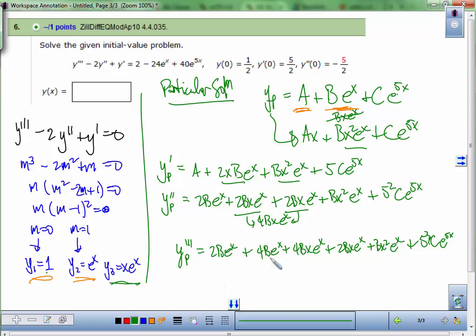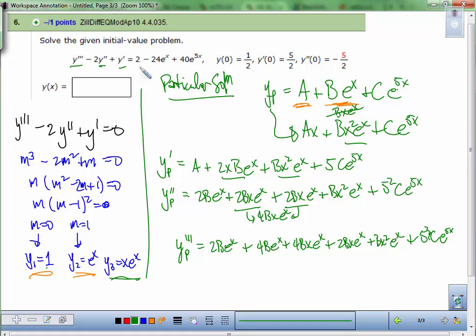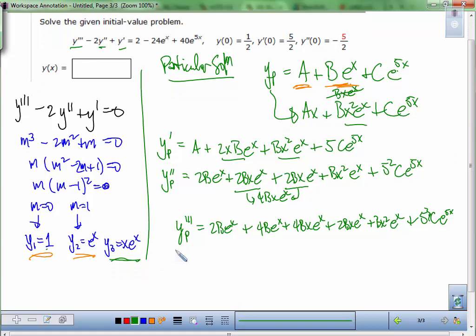All right, so now we put it into this equation. So the y triple prime is going to be this big mess. Let me see if I can write this down and simplify at the same time. These two, and then that's it.